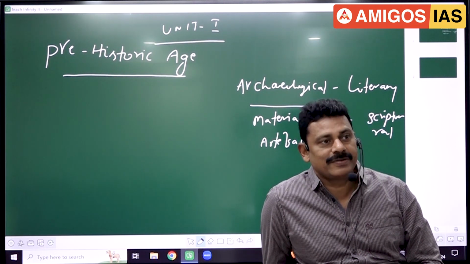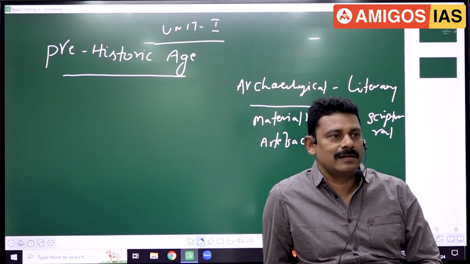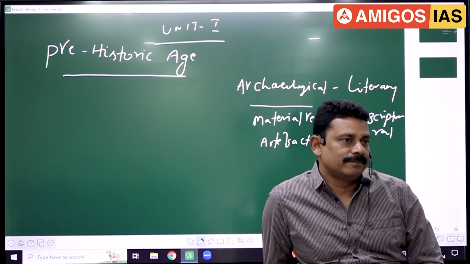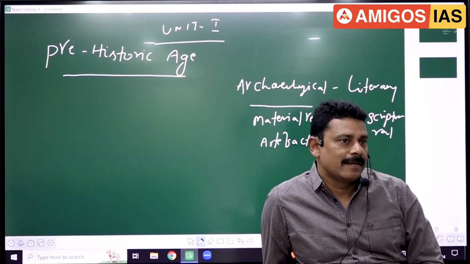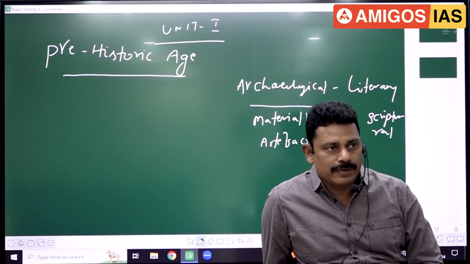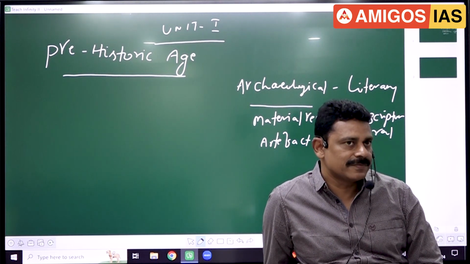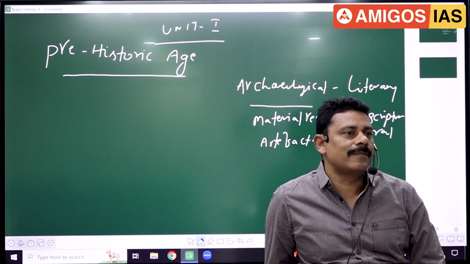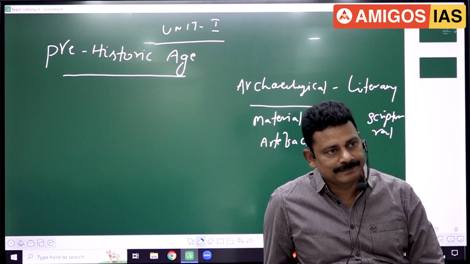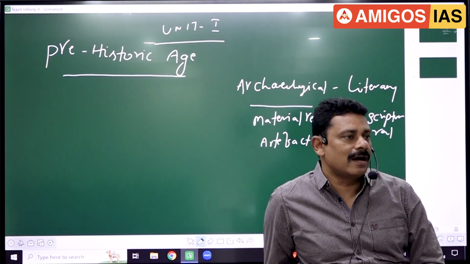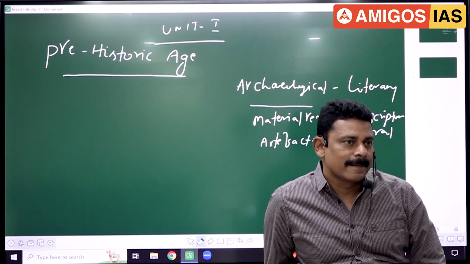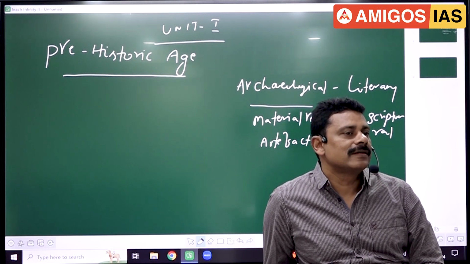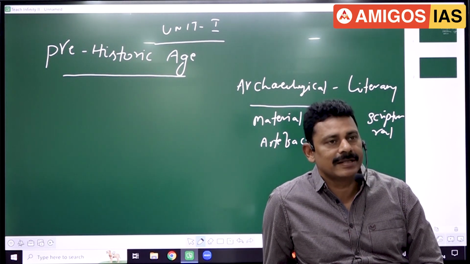Though they had a typical script of their own, used throughout their civilization, this script was of no use because of undecipherment. Scholars failed to decipher the script. Definitely they would have communicated something about their civilization with the help of this script. But since the script was undeciphered, our knowledge about the Indus Valley civilization needs to be based on their artifacts, the material remains left over by them.